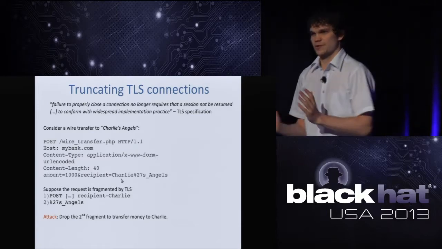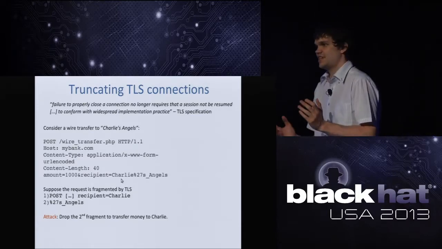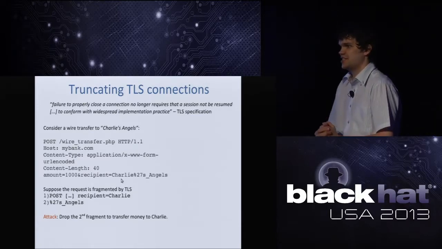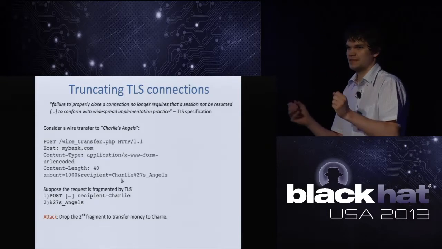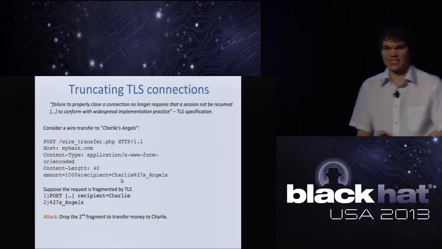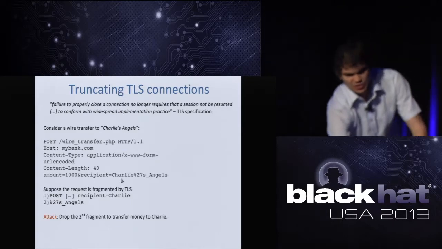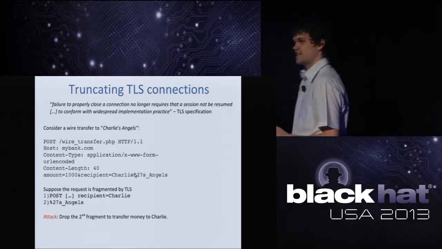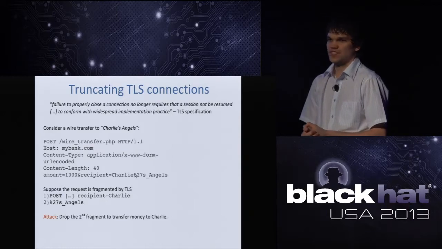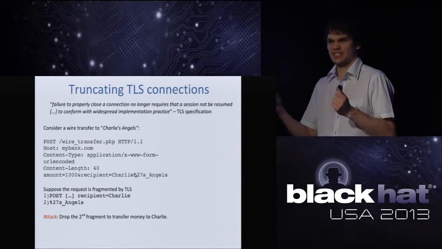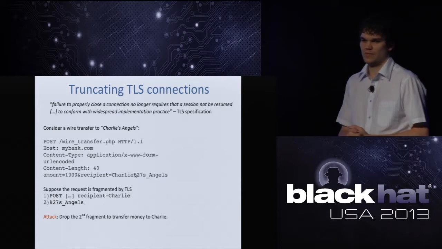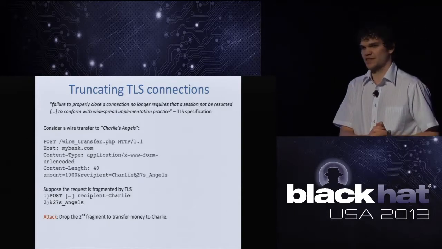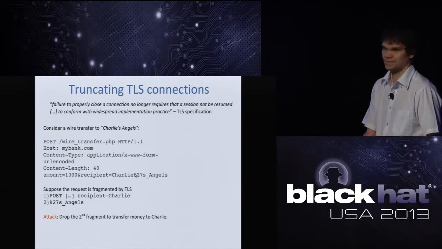But let me further suppose that TLS is going to fragment that message into two individual fragments, okay? So TLS is fragmenting. And let's suppose it fragments at the apostrophe, so it's going to fragment just about here. Now how can I attack this? Well, I just drop the second fragment. I don't need to know what it is, I just drop the second fragment. And then the money is transferred to Charlie rather than Charlie's Angels.